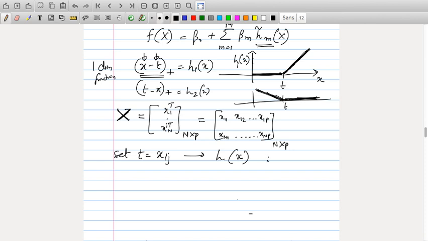So how many functions do we get? N times p functions. Let's call this set of functions C.